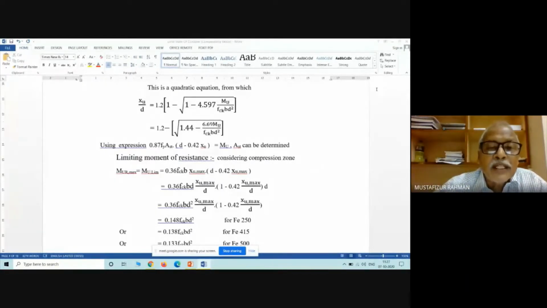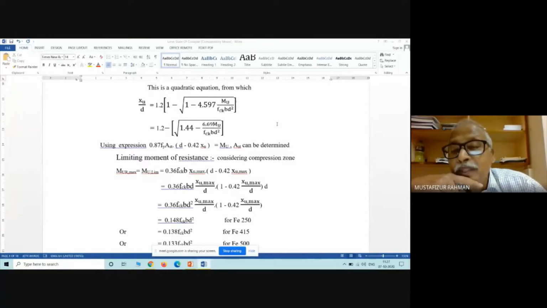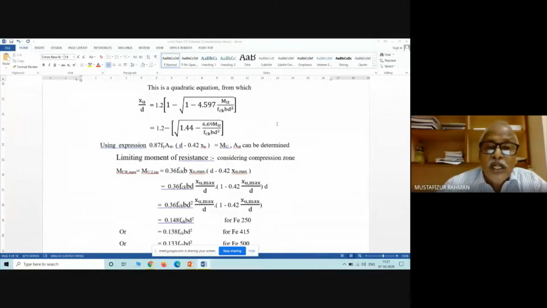Now come here: this actual xu by d, how much is it? This will be required to compare with xu maximum by d. Using the expression 0.87 fy Ast (d minus 0.42 xu), Mu can be calculated, right? Now see here, the interesting information is coming.